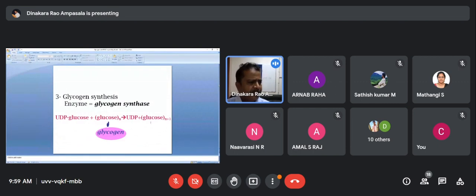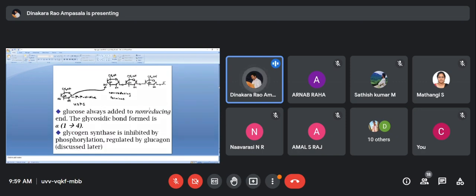Here you can see the enzyme is glycogen synthase. The glucose attached to the hydroxyl group of the tyrosine in glycogenin, and the UDP glucose comes and interacts with it, and the glucose molecule is attached by removal of UDP. The glucose is added to this glycogen, so you will get glucose n+1.